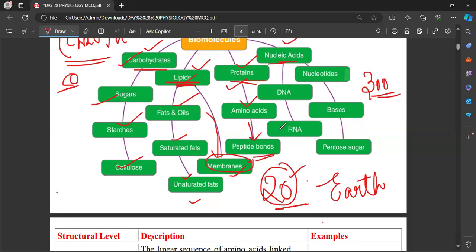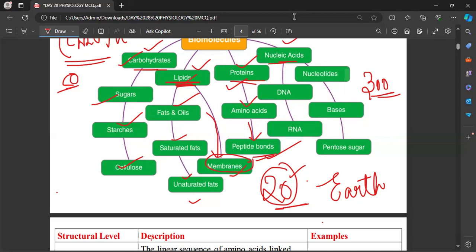One amino acid connects to the other amino acid through the peptide bond, which is formed as a result of the condensation reaction. Condensation reaction is nothing but the bond being formed by the elimination of water.